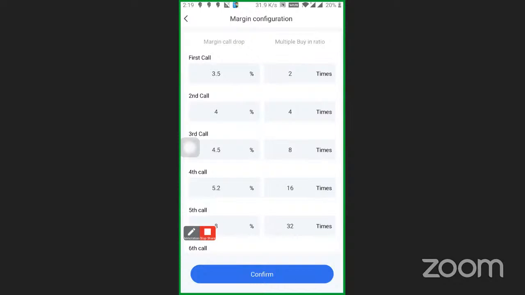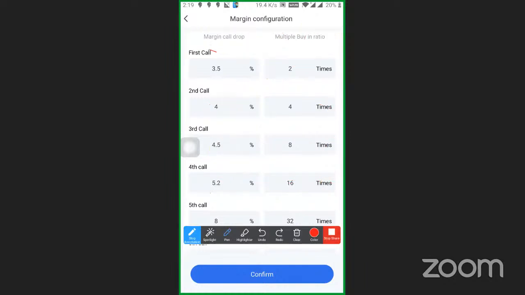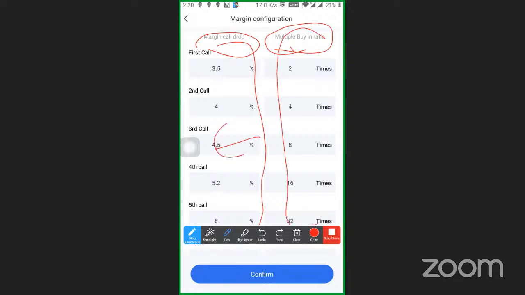So how can we calculate the total margin call drop? How much drop are we covering in the market, and how much BTC do we need to trade on this default setting? Just add all these figures on the left and all the figures on the right separately. The left will give you the total margin call drop. If you add these, it will be around 48%, maybe less than 48%.